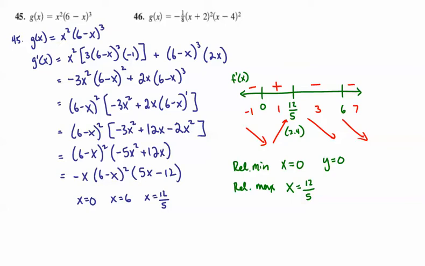Now notice why at 6 there is none. Well, because at 6 we are squaring 6 minus x, that factor is being squared, which means that to the left and right of that are both going to be the same sign. So if we had negative coming in, they're both going to be negative, or both positive.